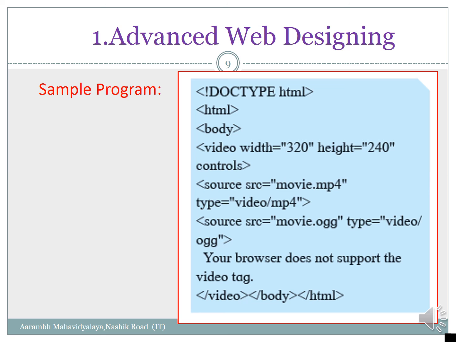Also we have provided the second source as movie.ogg. Here we have also specified its type as a video. Then we specified one line as your browser does not support the video tag. If your PC or your mobile does not have the MP4 or OGG format, then it will show that error.